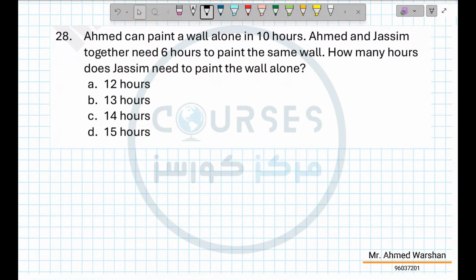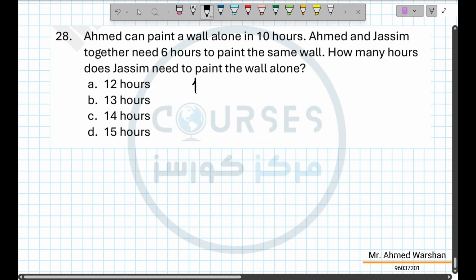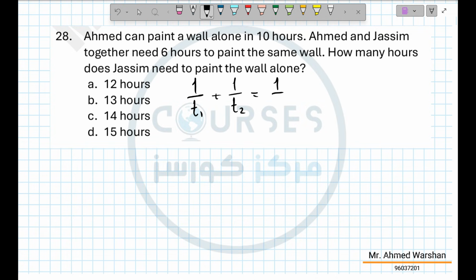Ahmed can paint a wall alone in 10 hours. Ahmed and Jassim together need 6 hours to paint the same wall. How many hours does Jassim need to paint the wall alone? So clearly this is the working together problem, so we memorize the formula: 1 over T1 plus 1 over T2 equals 1 over T. So Ahmed can paint alone in 10 hours, so 1 over 10.